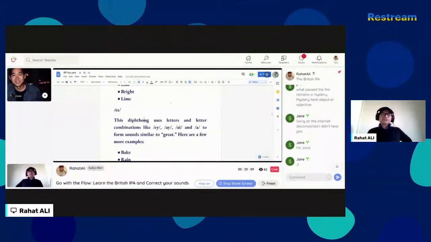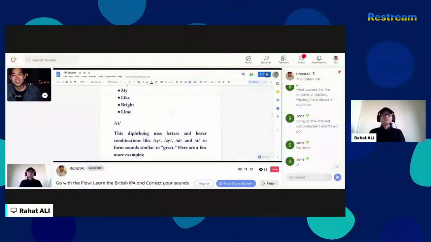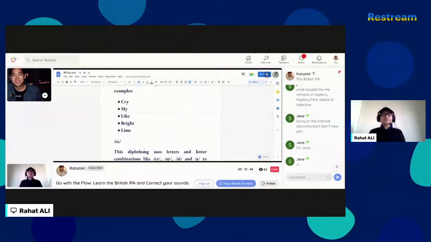This diphthong uses letters and letter combinations like EY, AY, AI, and A to form sounds similar to great. By the way, guys, let me bring the phonetic symbol of the word cry.